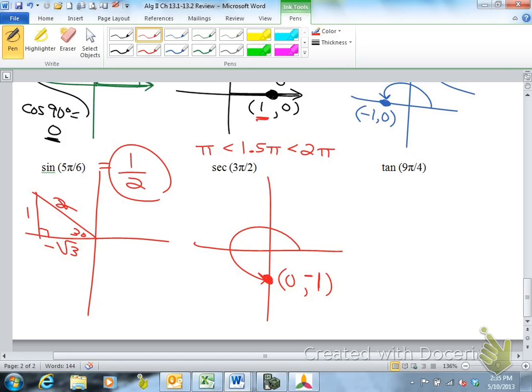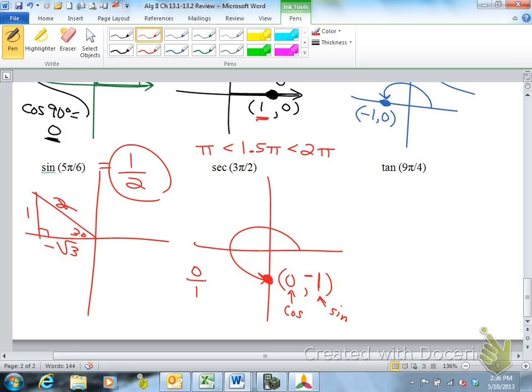And secant is the reciprocal of which function? Cosine. So cosine corresponds to the x, sine corresponds to the y. So cosine of 0, what is the reciprocal of 0? You had 0 over a number. What's the reciprocal of that?